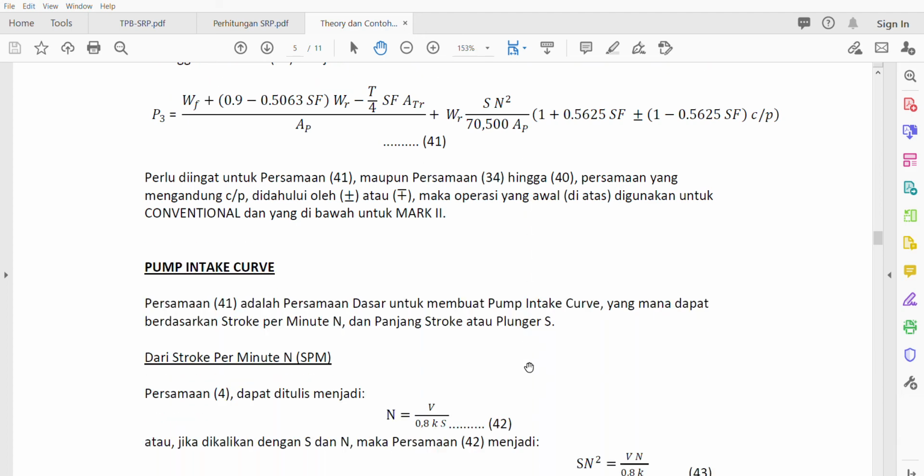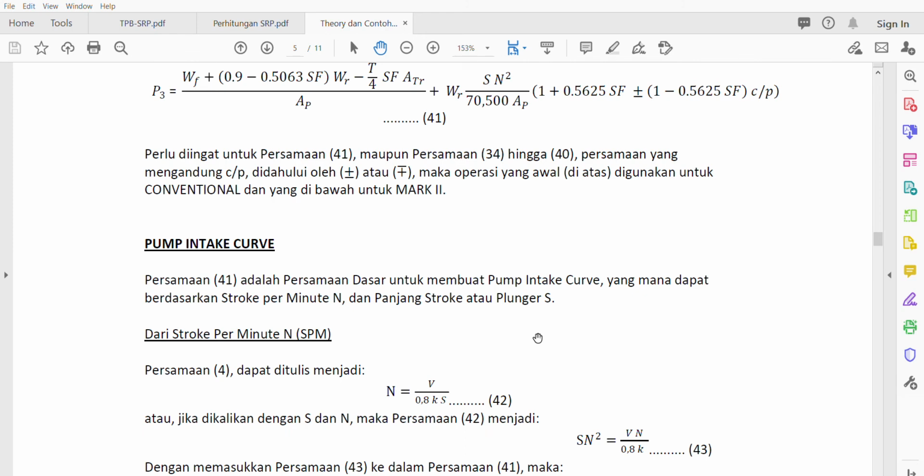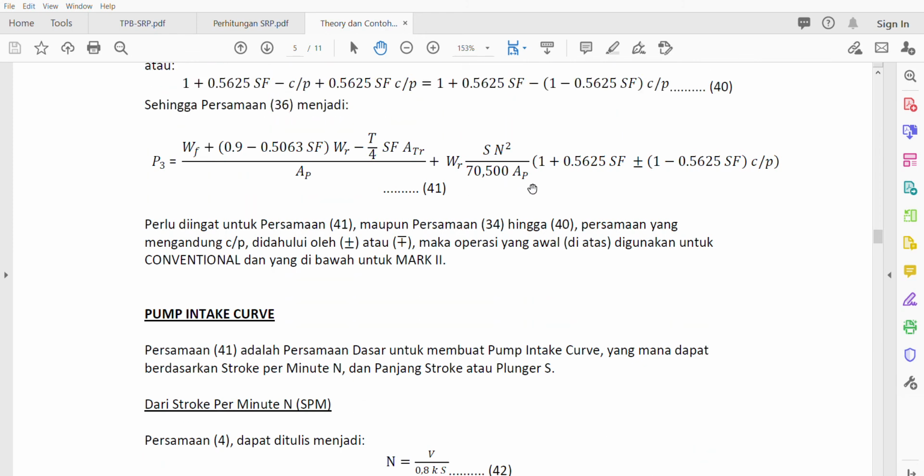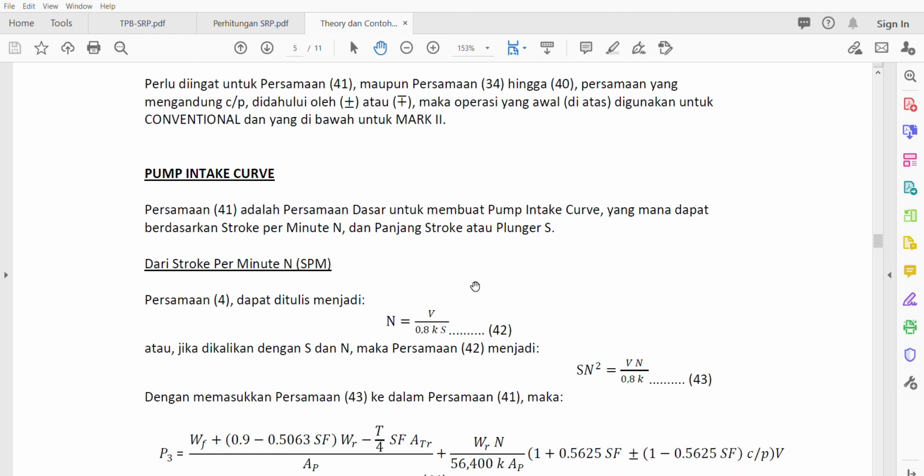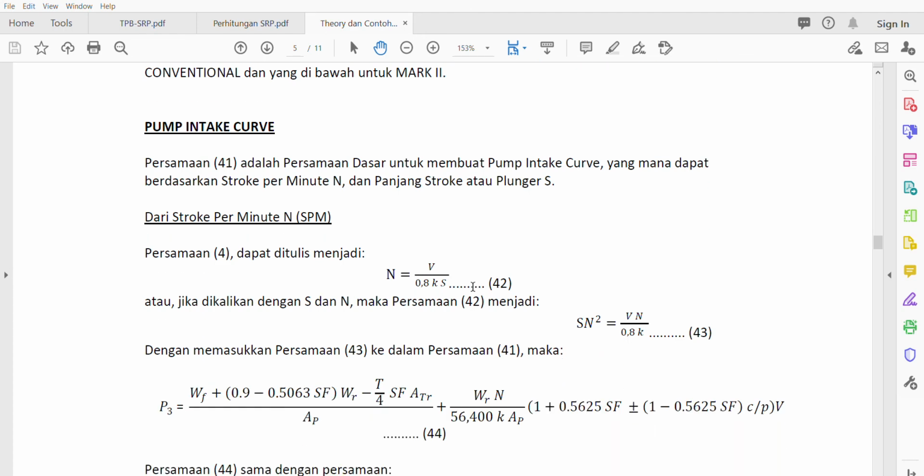Okay, so now we combine the stroke and everything with the pump intake curve. Okay, the curve. So this is the curve. We want to make a pump intake curve.